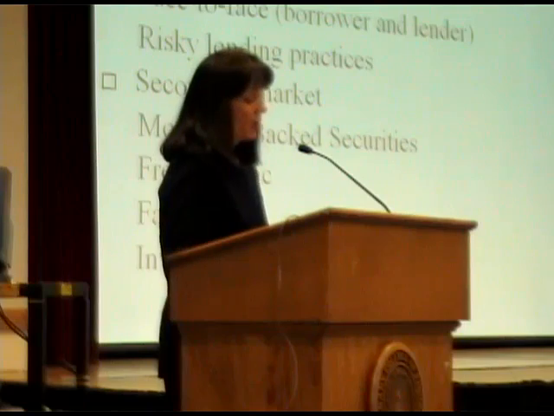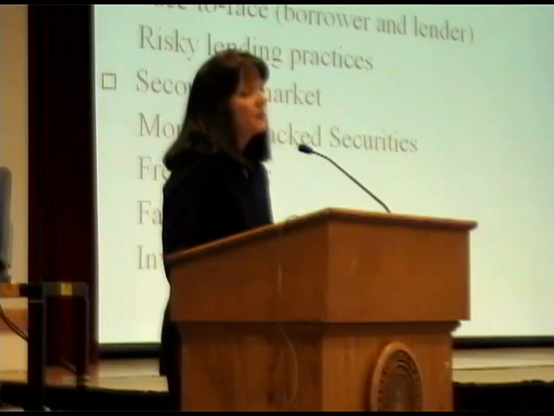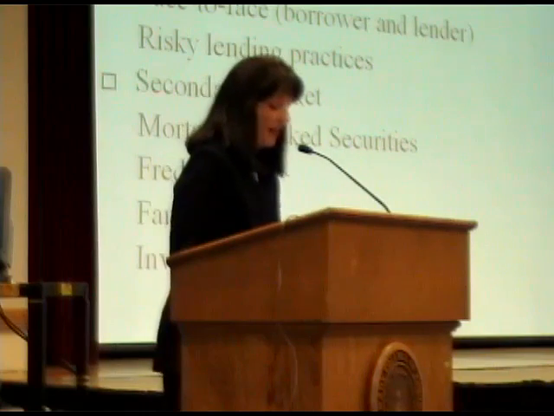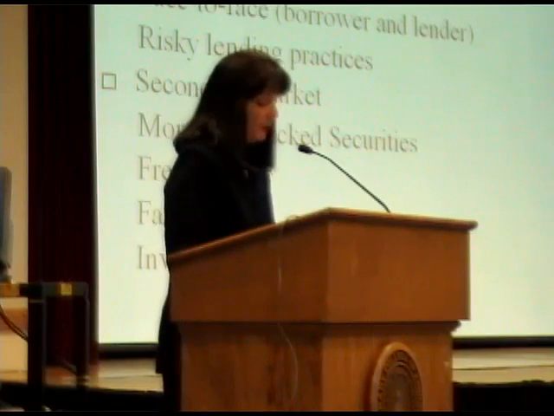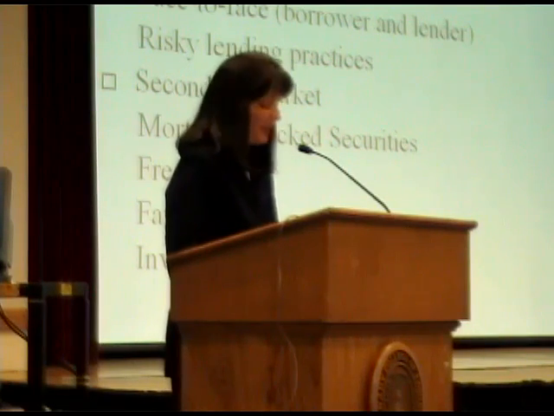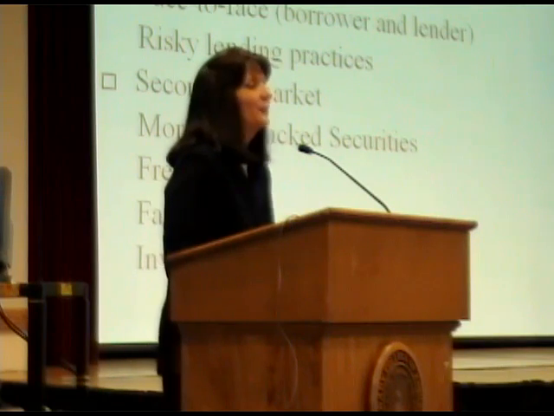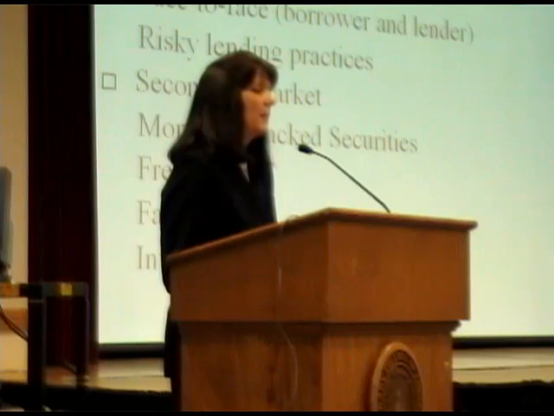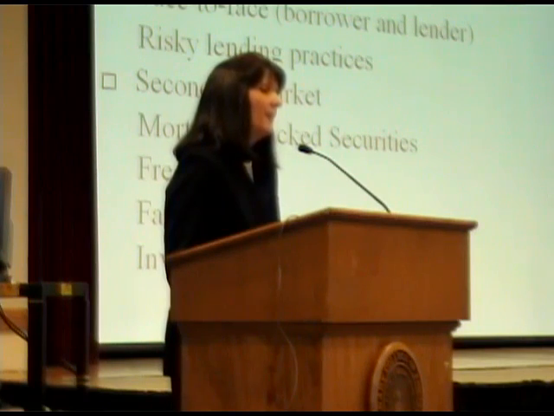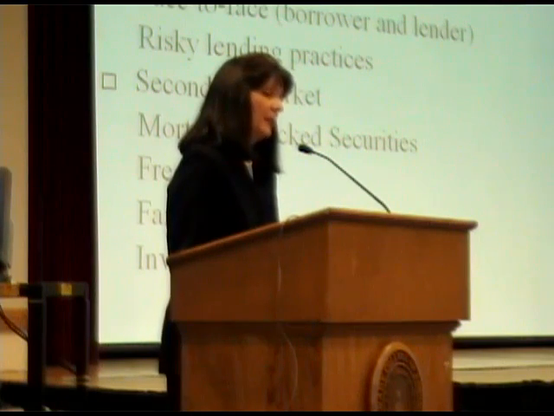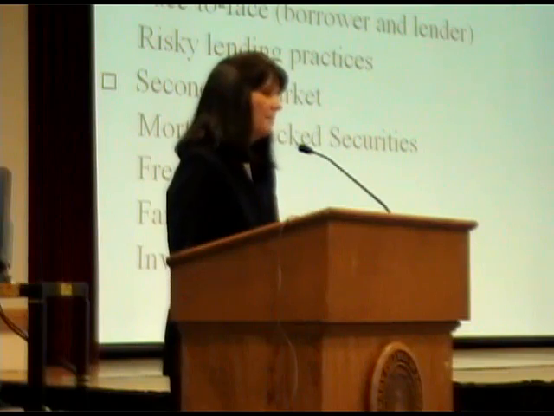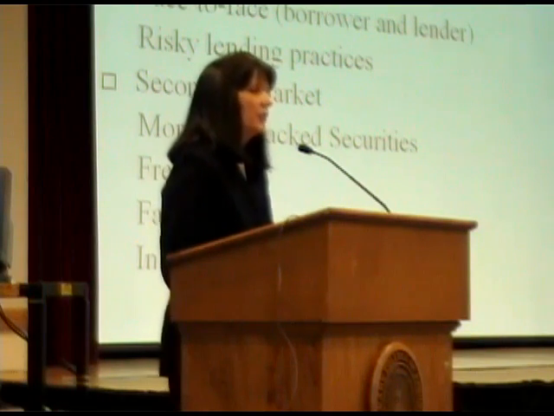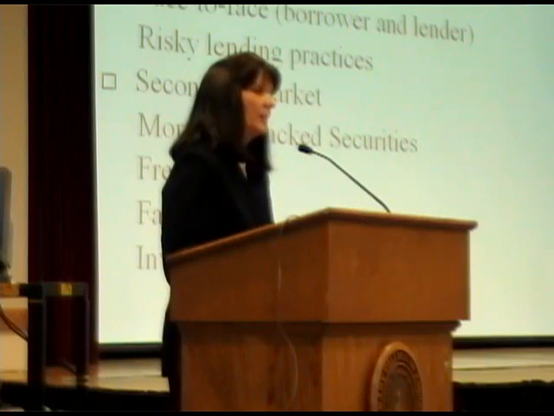In the secondary market, we have government-sponsored enterprises such as Fannie Mae and Freddie Mac, and to give you the full name, Federal Home Loan Mortgage Corporation is Freddie Mac, Federal National Mortgage Association is Fannie Mae. These are both sponsored by the government, but they are private corporations. Their purpose is to make liquidity in the market, to make the money available in the mortgage industry so that primary mortgages can be made.